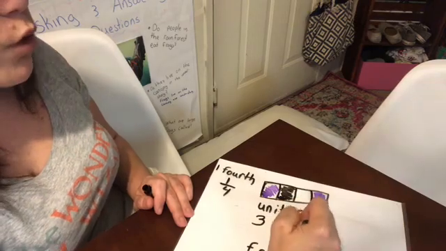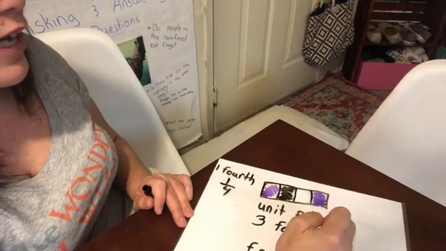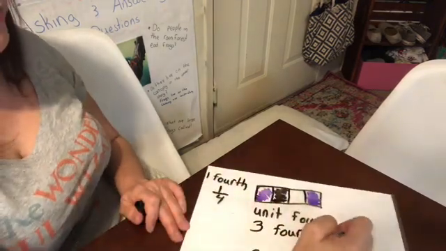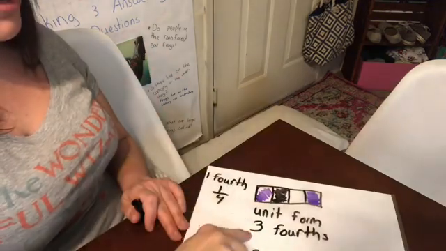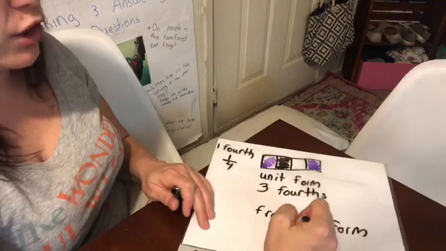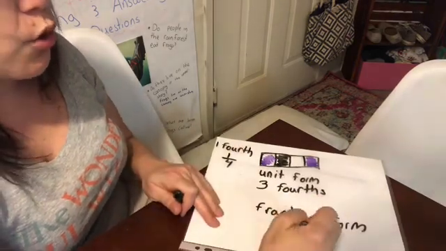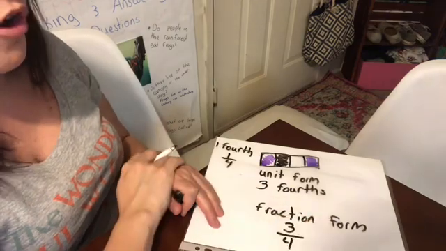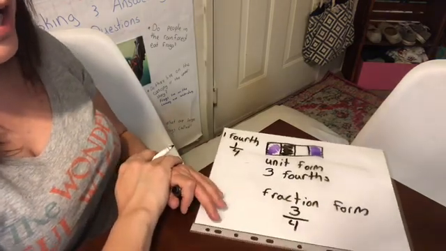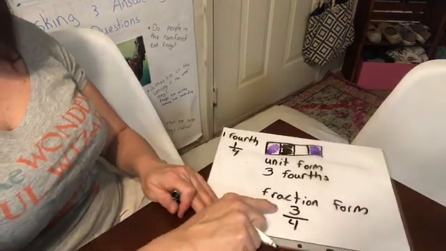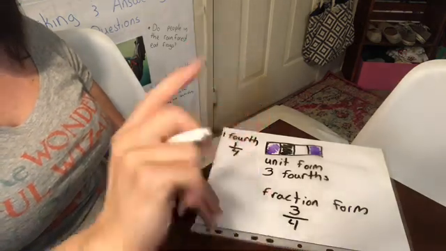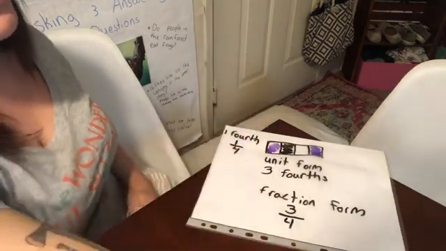There are 4 parts total. I write that as 3/4. I say it, you say it, 3/4. Now write the fraction. Total number of shaded parts on top, total number of parts in all on the bottom. I say it, you say it, 3/4. Very nice, third graders.